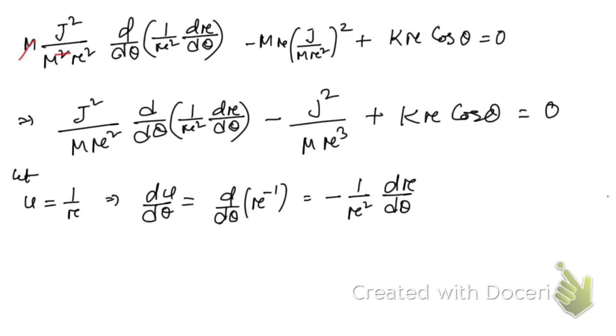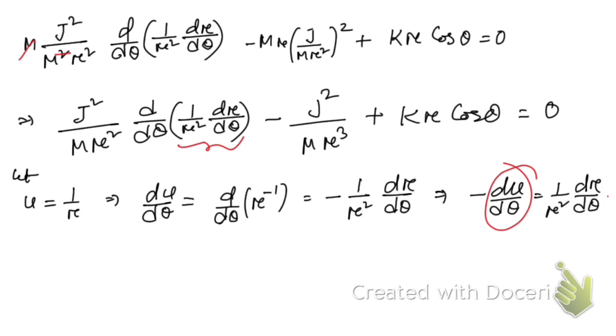If you make it positive, this is going to be negative, so we can write that minus du by d theta is equal to 1 by r square dr by d theta.